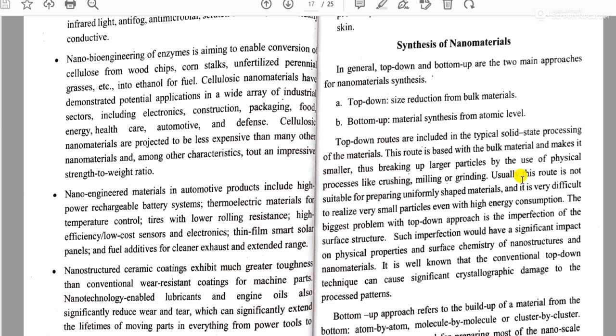Usually this route is not suitable for preparing uniformly shaped materials, and it is very difficult to realize very small particles even with high energy consumption. So these are the drawbacks of this top-down approach. First is that it is not suitable for preparing uniformly shaped particles.